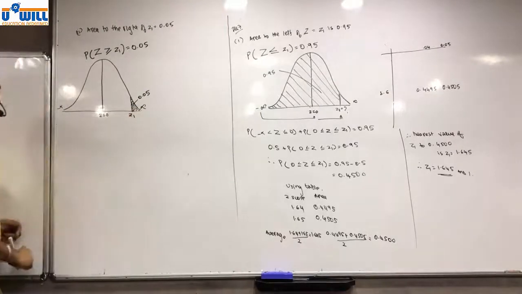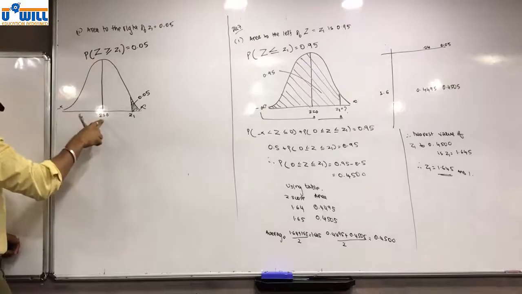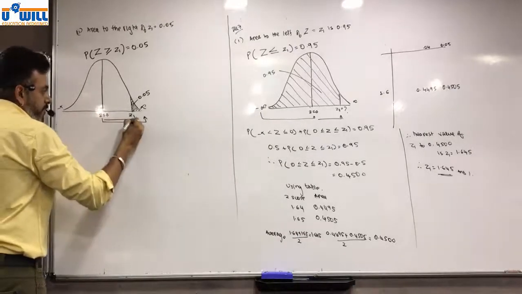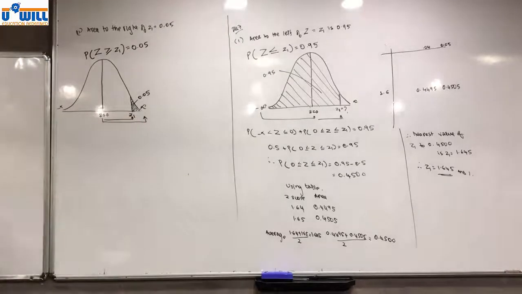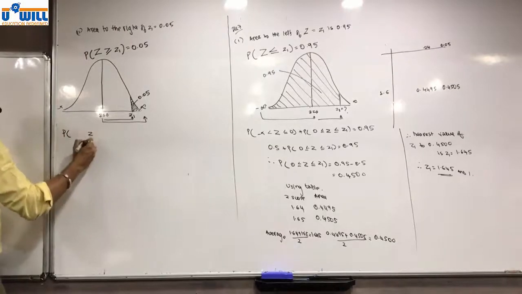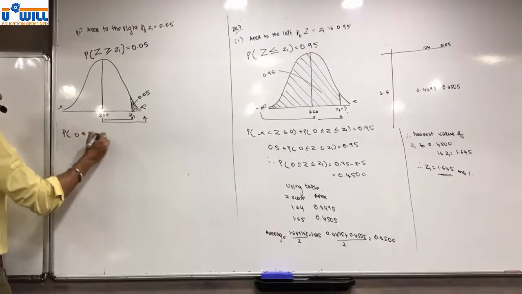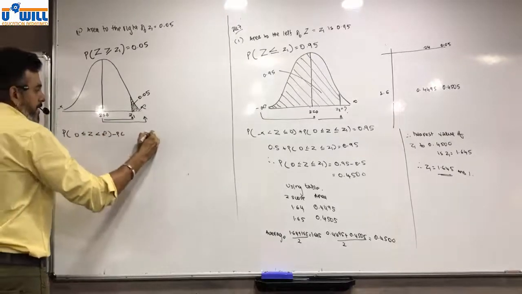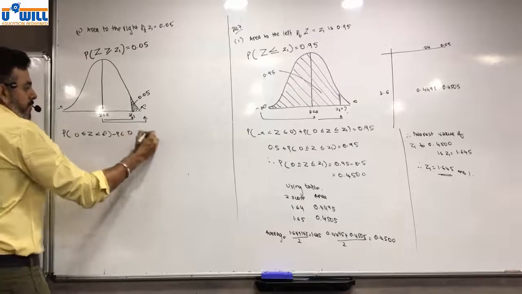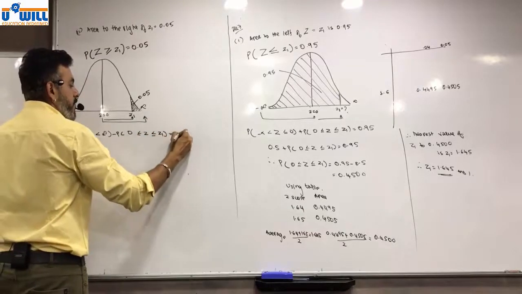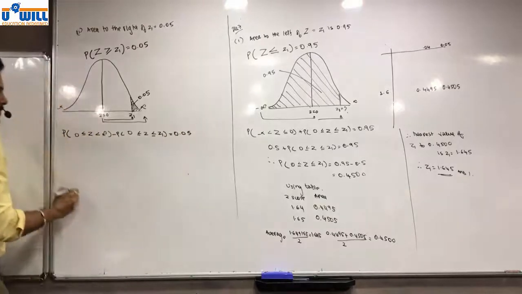So I have to find value of Z1. How do we make the equation? 0 to infinity minus 0 to z1. So we'll make the equation probability of z greater than equal to 0 less than infinity minus probability of z greater than equal to 0 less than equal to z1 is equal to 0.05.